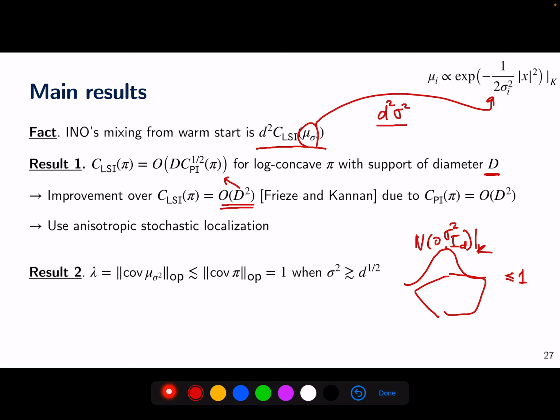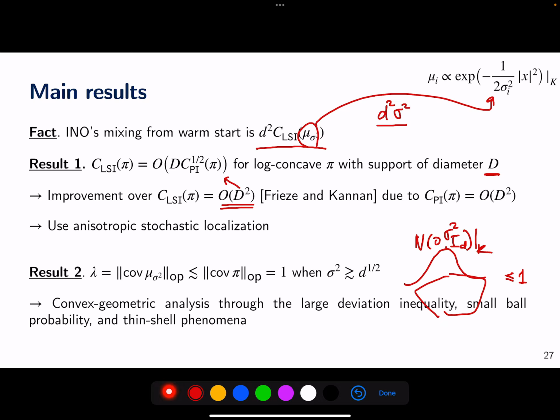So when sigma square is large enough, this truncated Gaussian looks very similar to the uniform distribution. Because it is now very close to the uniform distribution, the largest eigenvalue of the covariance matrix should be very close to that of the uniform distribution as well. And we show that this phenomenon is actually true when sigma square is larger than square root d.